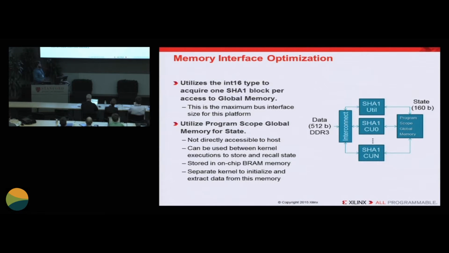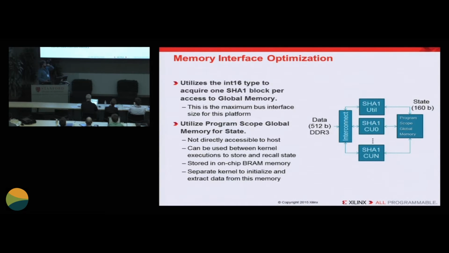The memory interface is another issue. If you think about how the SHA-1 compute units are connected to main memory, there's an interconnect that is the arbitrator between the various compute units. Now this interconnect in our system is 512 bits wide, so there's no way of pulling in any additional memory through that interface.